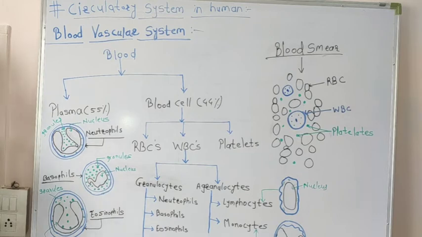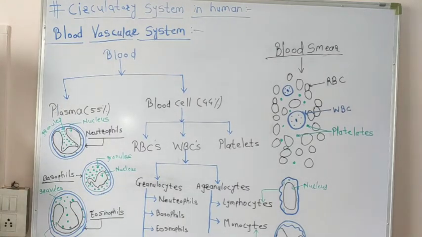We already know there is 55% plasma present in the blood. This plasma has an off-white color, that means somewhat creamish, as well as it is slightly alkaline, and of course it is a viscous fluid.